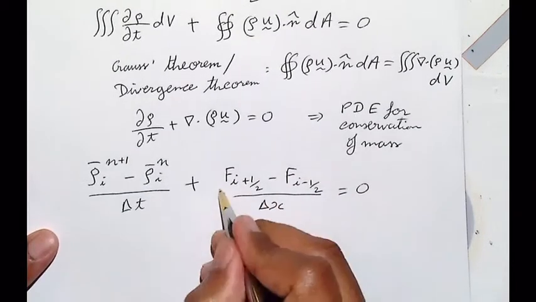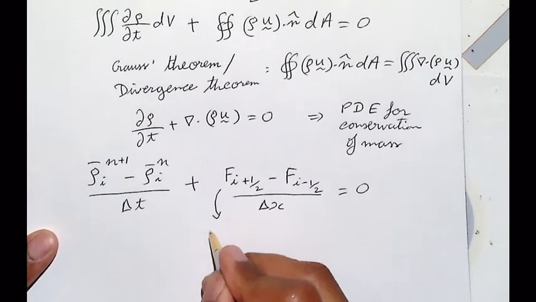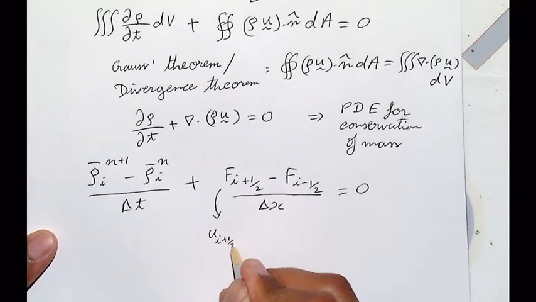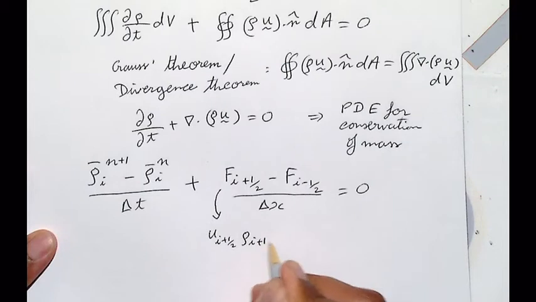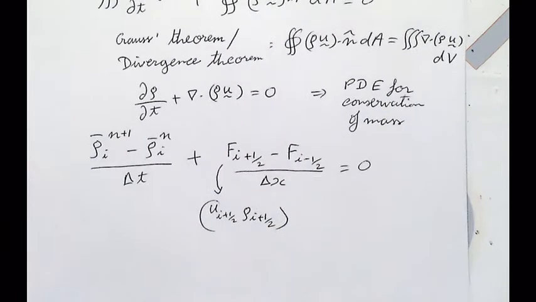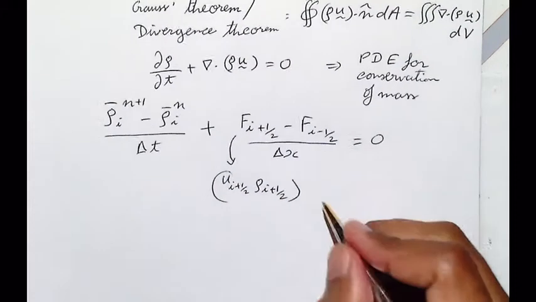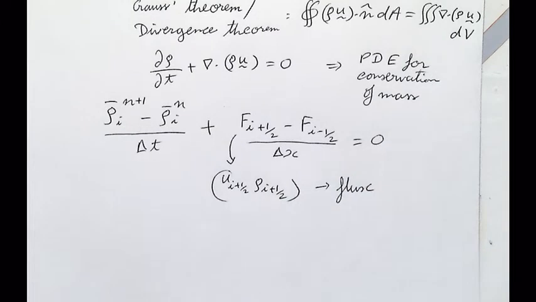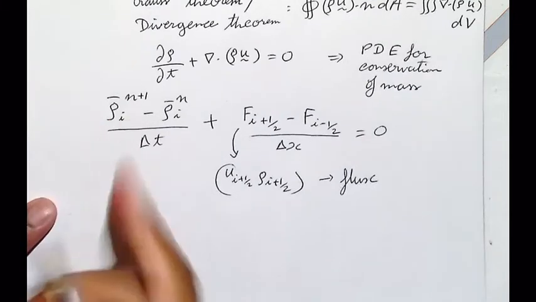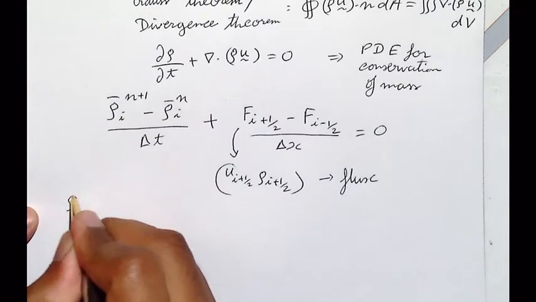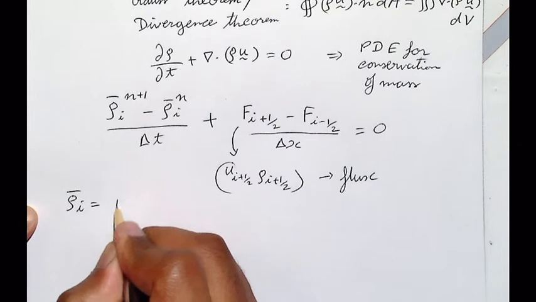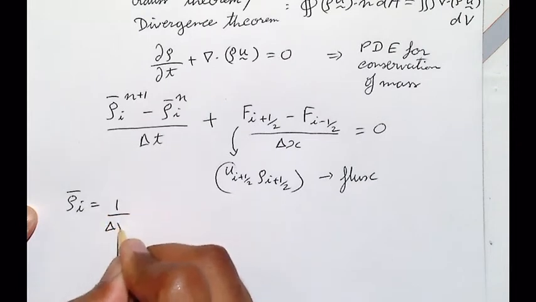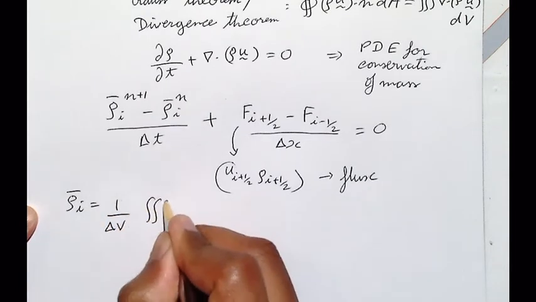And flux is basically u at I plus half times rho at I plus half. Okay, and then also rho bar is just the average rho.